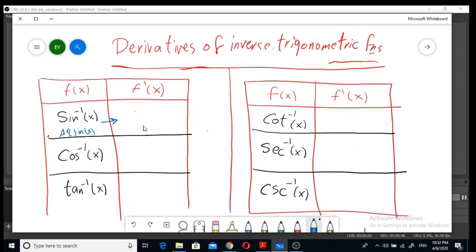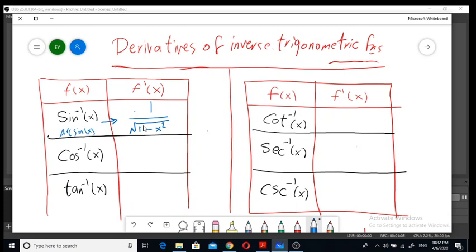So the first derivative of sine inverse of x will be 1 over square root of 1 minus x squared.